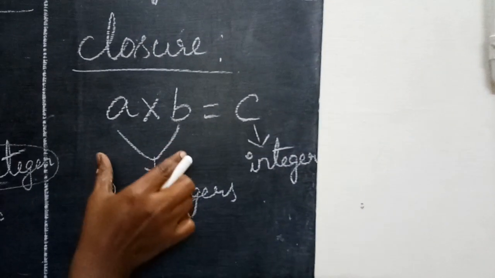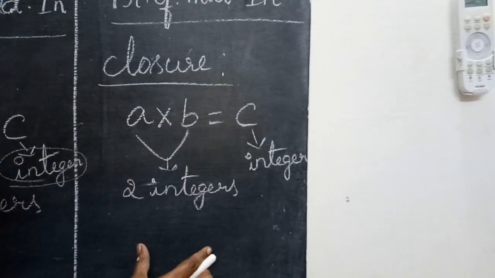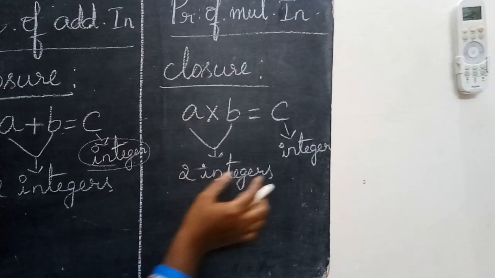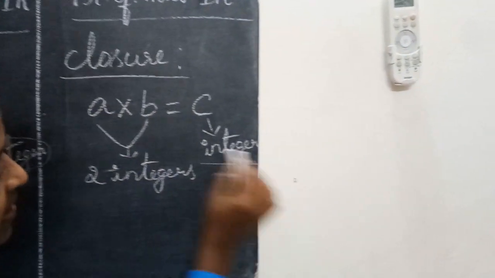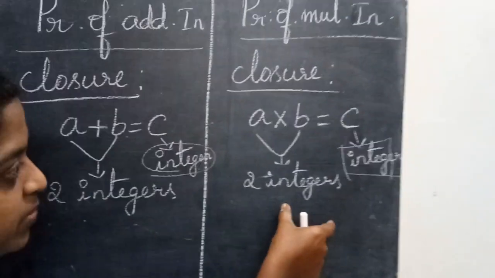So multiplication of two integers, or product of two integers, again an integer. Product of two integers, again you will get an integer. This is closure property in addition and in multiplication.